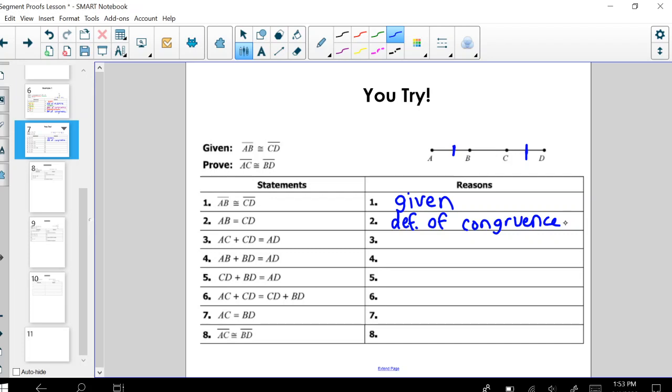Now for step 3, they're saying that AC plus CD is equal to AD. So that's what we started with, segments back in chapter 1, and that is our segment addition postulate.